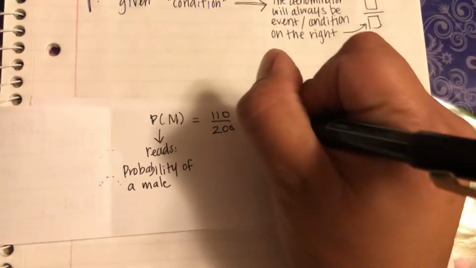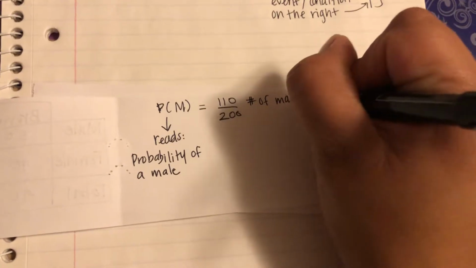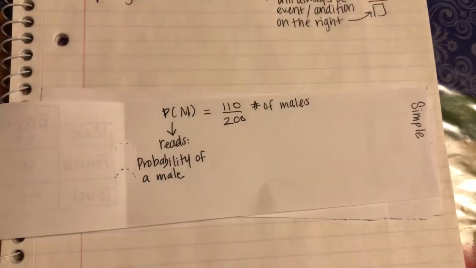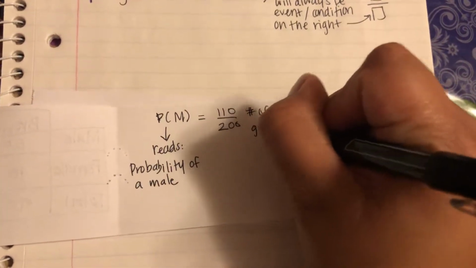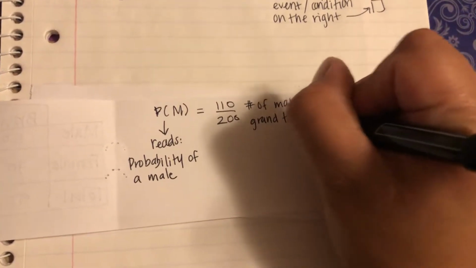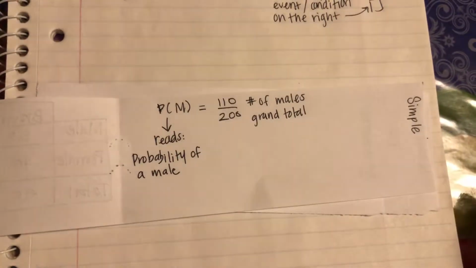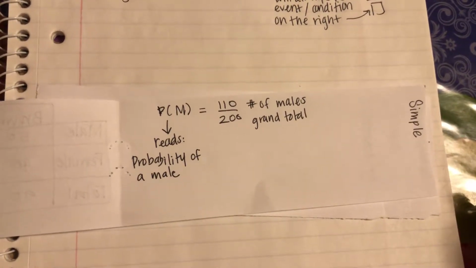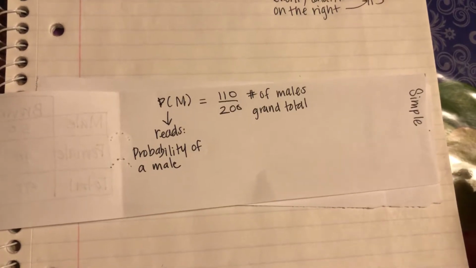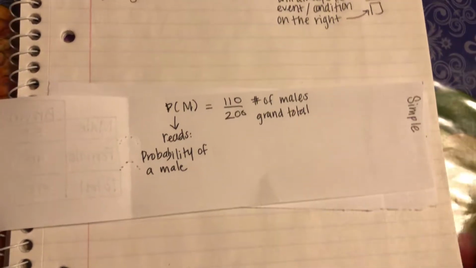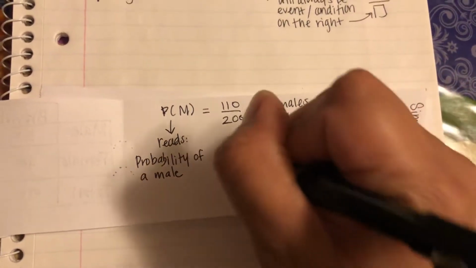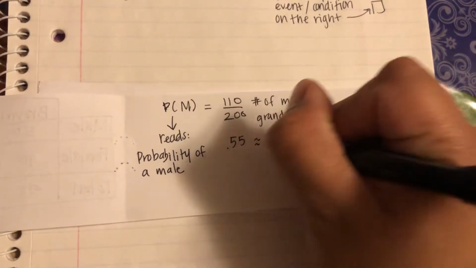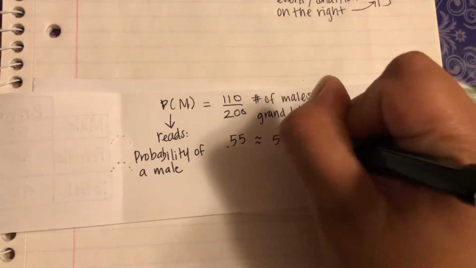This is the number of males that were interviewed about their eye color, and this is the grand total of people who were interviewed. If we punch that into our calculator, we get 0.55, which gives us 55%.